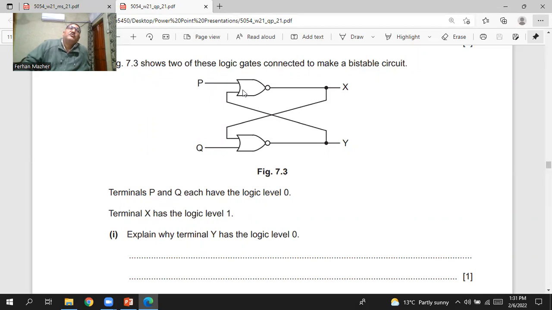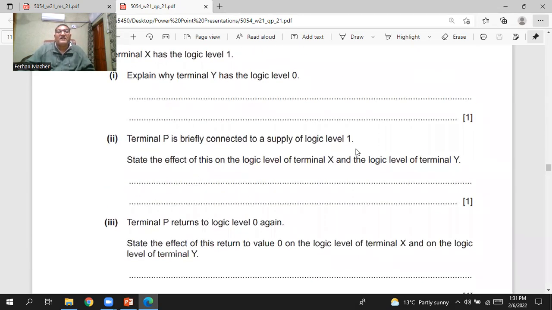So 1 plus 1 will be 1, and the output will be inverted. When you invert it, it becomes 0. Sorry, the X will become 0. So when this 0 is fed here, the Q is 0 and this is 0. So 0 plus 0 is 0, so this Y will become 1.